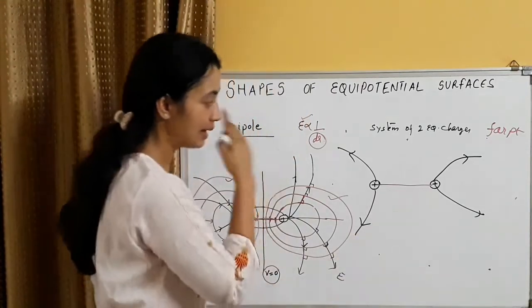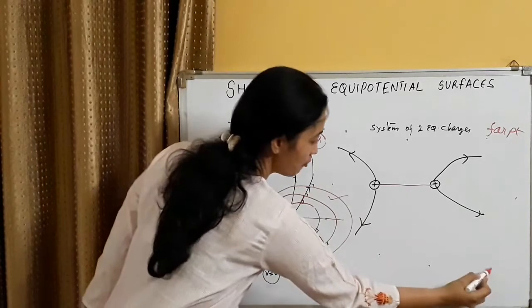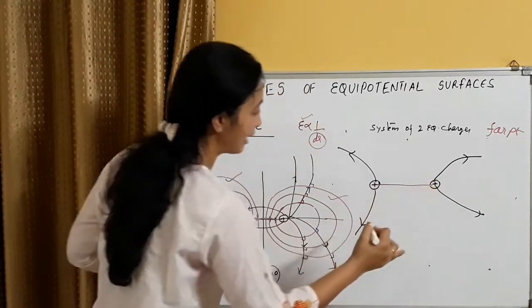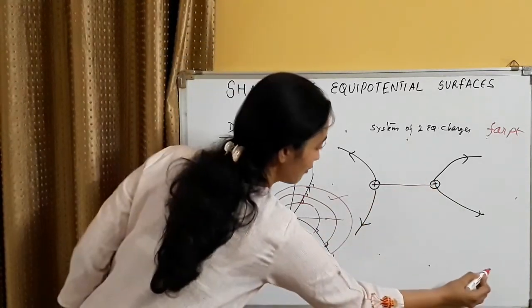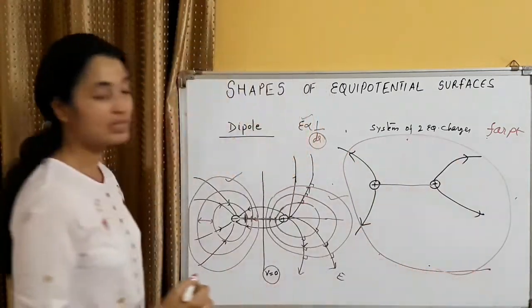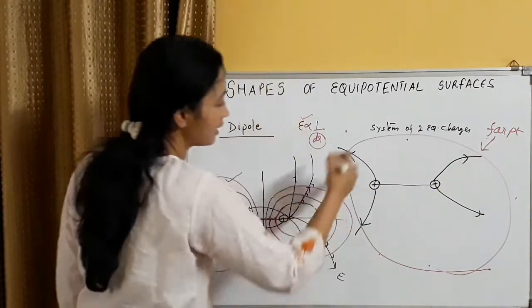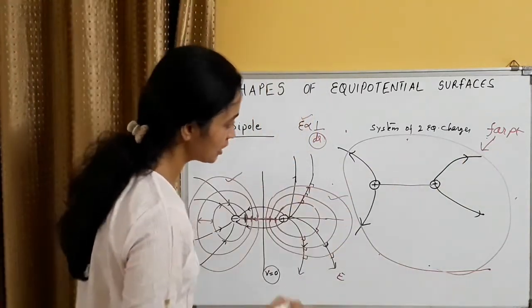So these charges behave as one system. And for far off points, we have a big circle as an equipotential surface.